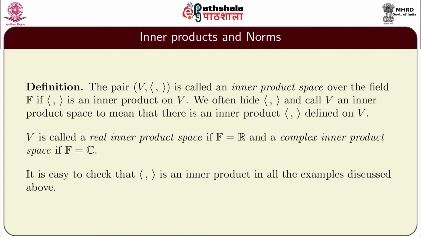Inner product x comma x is 0 if and only if x is the 0 vector, and finally if inner product x comma y is equal to inner product x comma z for all x in V, then y is equal to z. All these can be verified easily if we use the definition of an inner product.